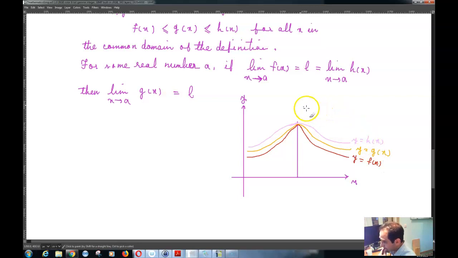So we said that f of x is less than or equal to g of x, which is less than or equal to h of x, for all x in the common domain of definition.